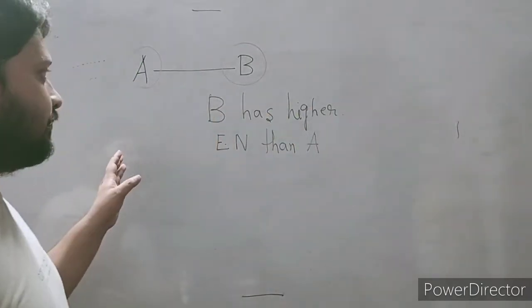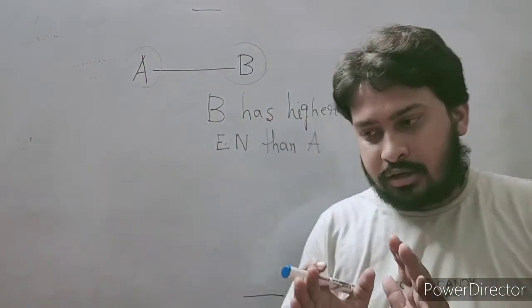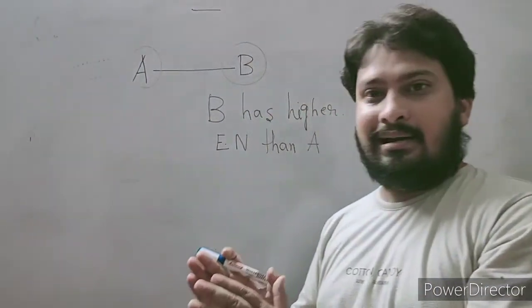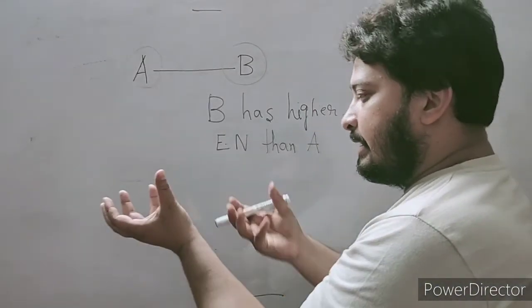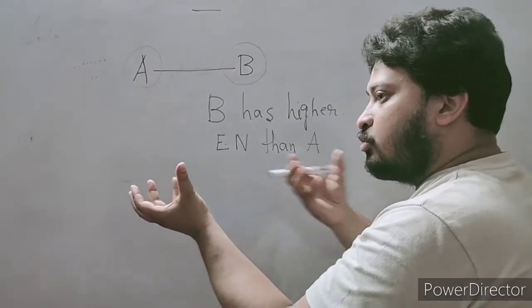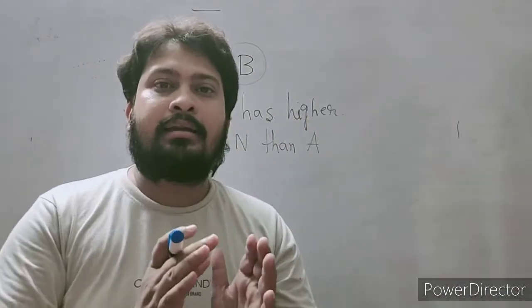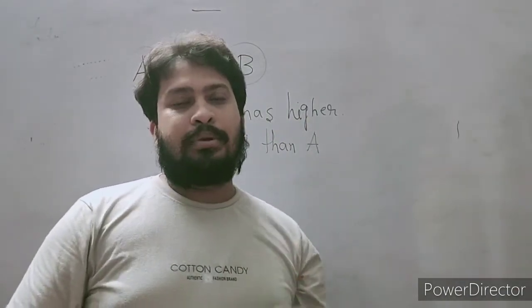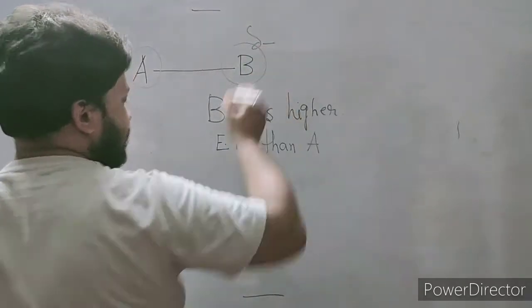So just think slowly, peacefully: if there is A and B, and B has greater tendency to pull the electron towards itself, B can show delta negative.